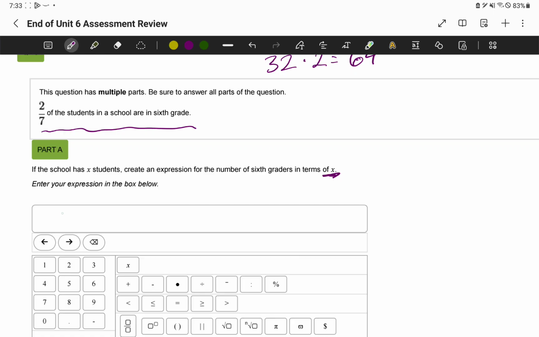Well, that's easy. It's 2/7 times X. And you can put 2/7 times X or just 2/7 X. Either way. Because it's 2/7 times how many people there are.